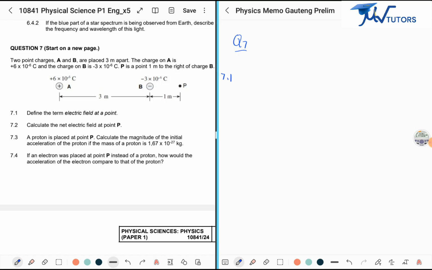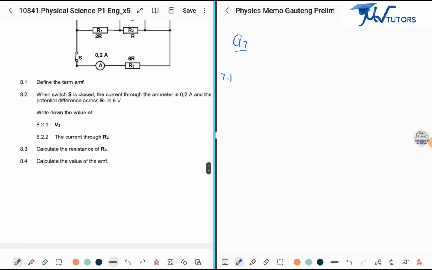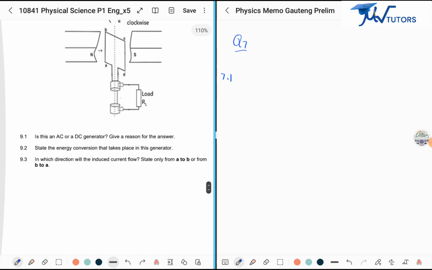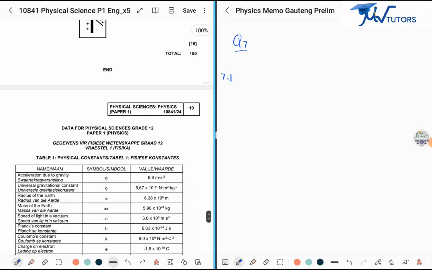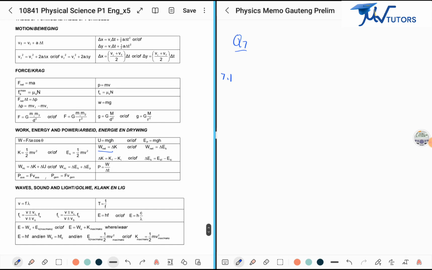Alright, so electric field at a point is basically the electrostatic force experienced per unit positive charge. That's very important. It's the electrostatic force experienced per unit positive charge placed at that point. And like I said, if you forget the definition, just go to the formula sheet, have a look at it.